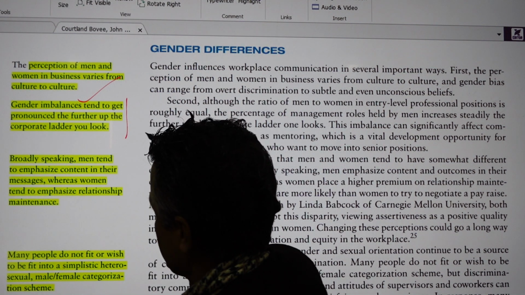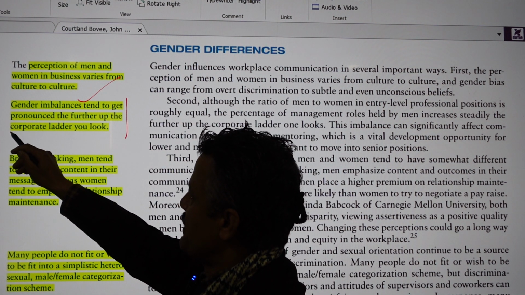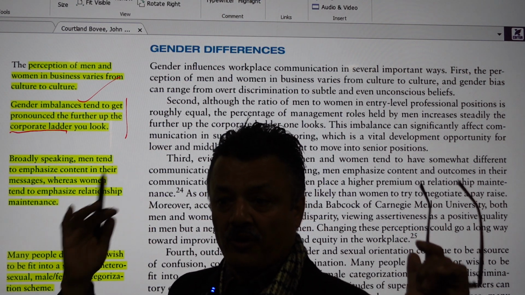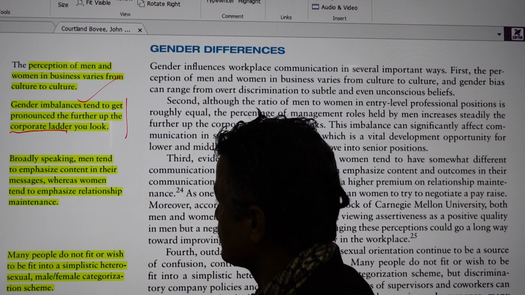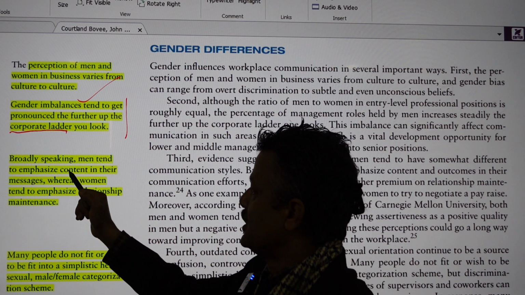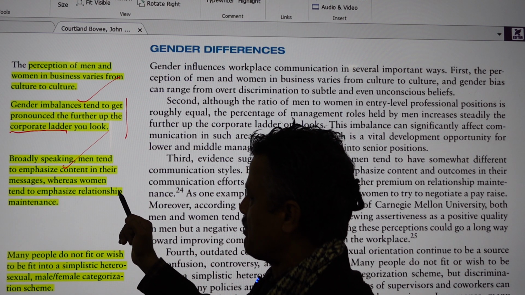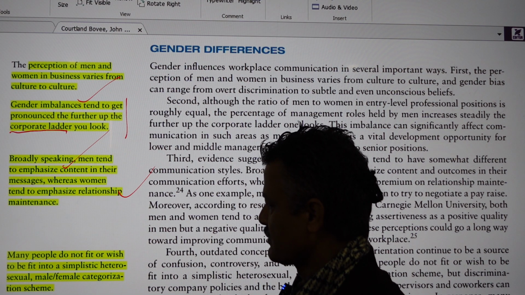In Nepali culture also you will see very few women in higher positions. Men have powerful positions, right? Men talk more about ideas, women talk more about relationship, for example.